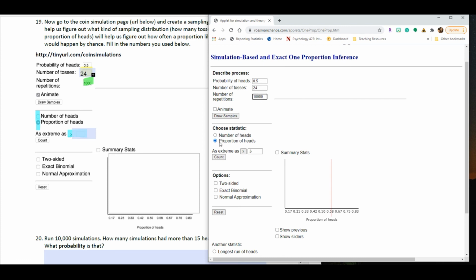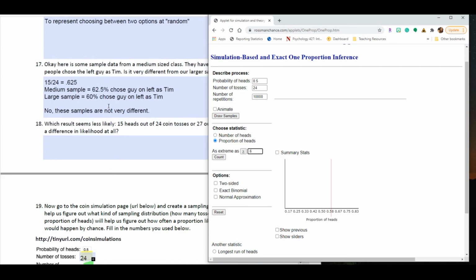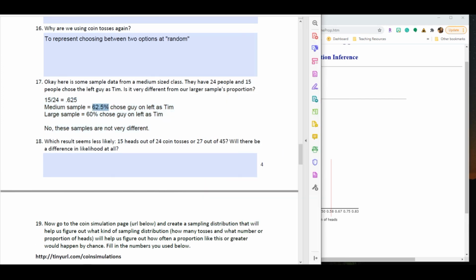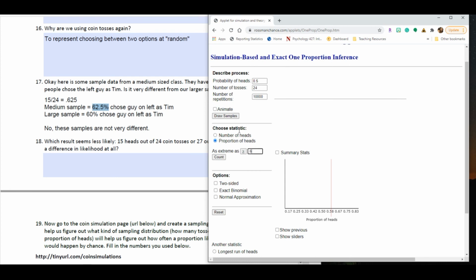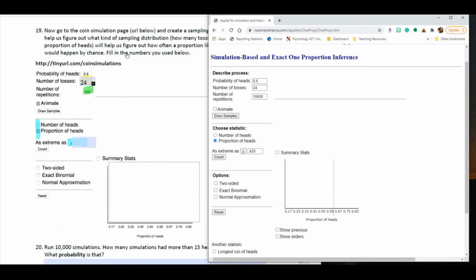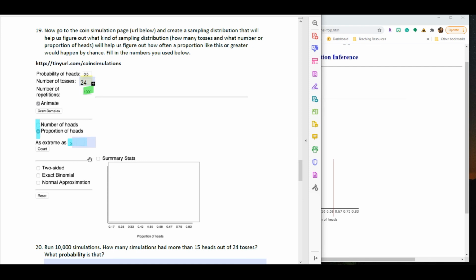And here we're going to have to update this proportion, because this 0.6 belonged to the big class. So what do we want to put in here instead? This 62.5%. So the 0.625 is going to match this next class that we're simulating. You want to put those values in here just to keep track.